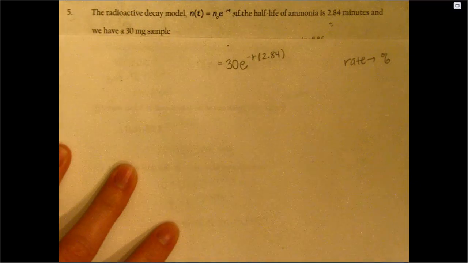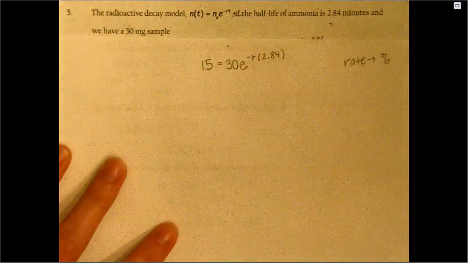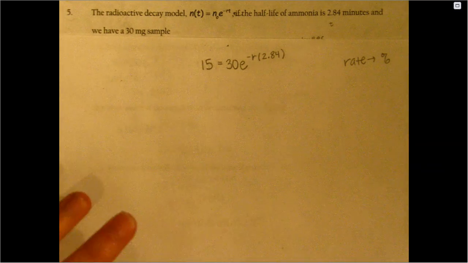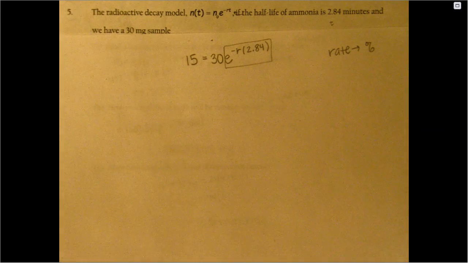So if we start with 30 milligrams of our sample, then that means that after 2.84 minutes, I'd have 15 milligrams of my sample. So my variable is in the exponent, which means we're going to need to use logs to solve because a log and an exponent undo each other.